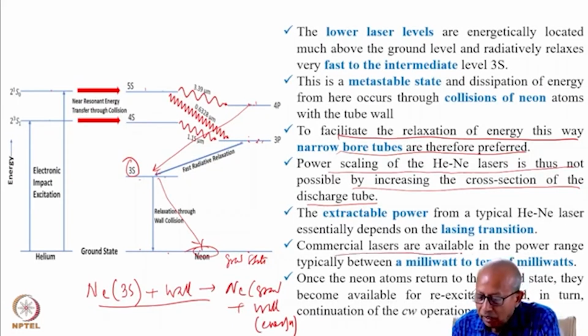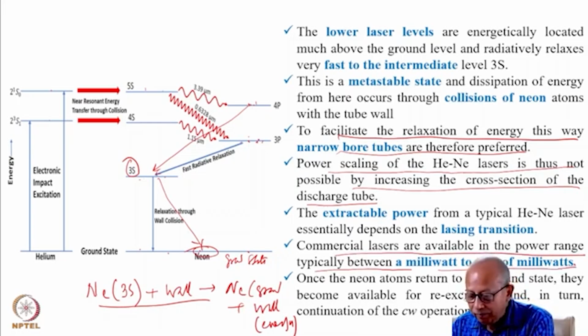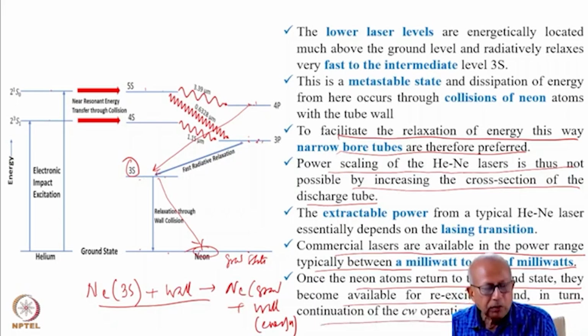Commercial lasers are now available in the power range typically between a milliwatt to tens of milliwatts, which is not very high, as you can recognize. And as we have seen, once the neon atoms return to the ground state, they become available for re-excitation and in turn continuation of the CW operation.